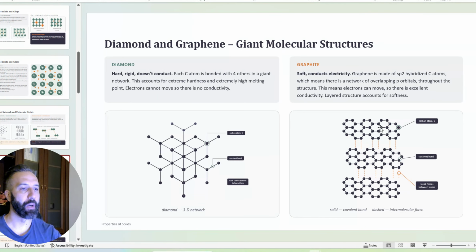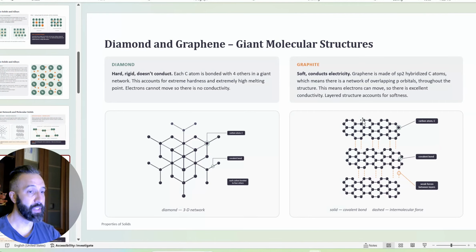Yeah, a bit better. So graphite is special because it is a giant molecular structure, a giant covalent structure, but it's made of layers. Again, it's made of carbon. So you have carbon atoms bonded into these hexagon-like structures. These are actually benzene rings. What does that mean?